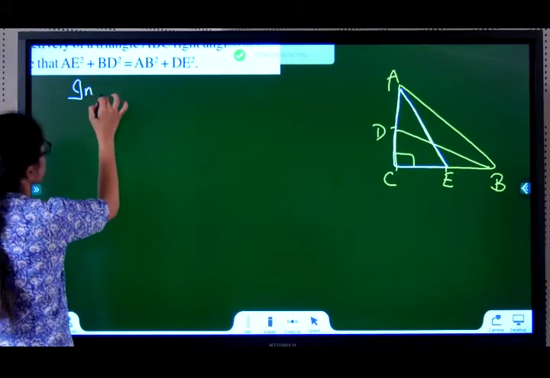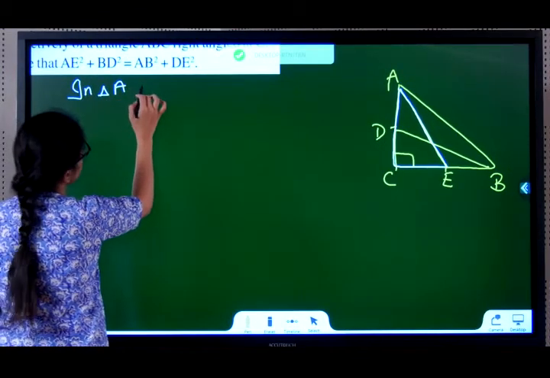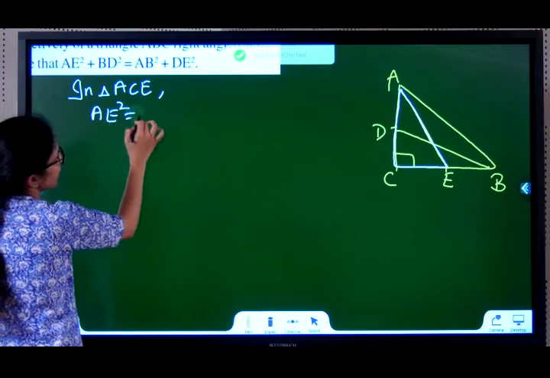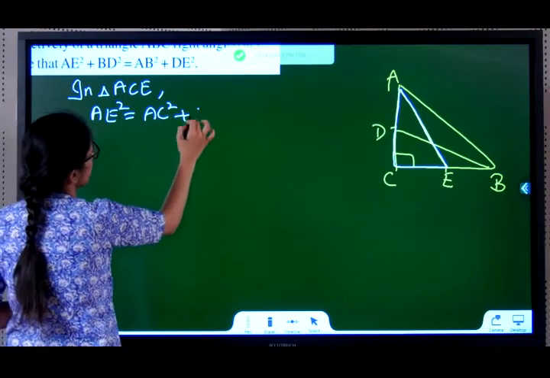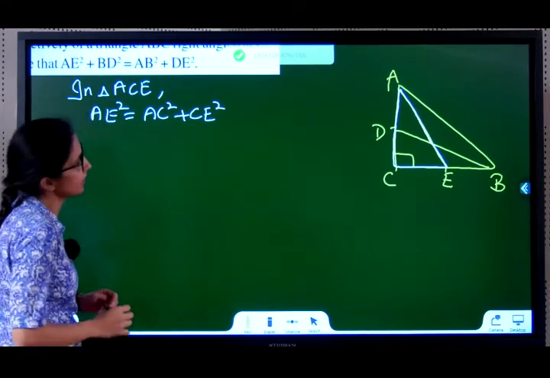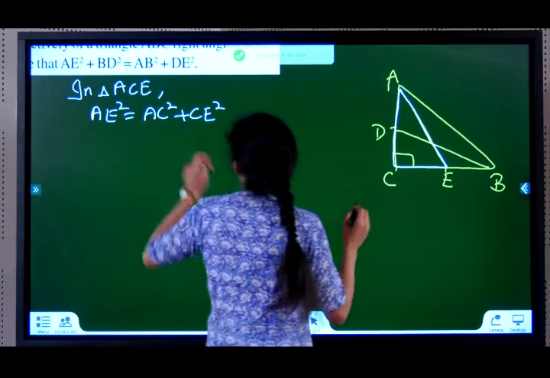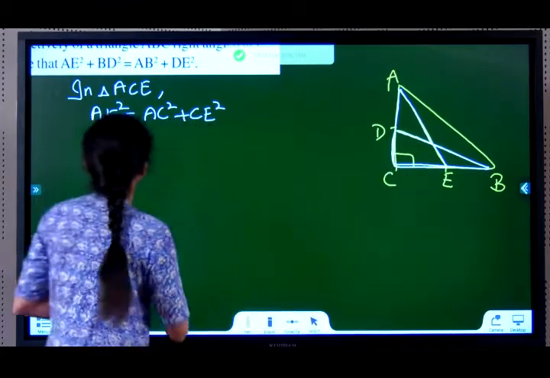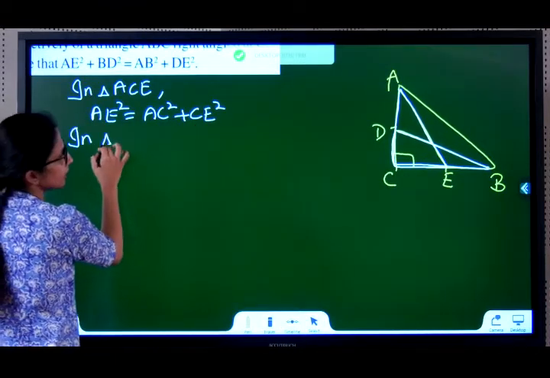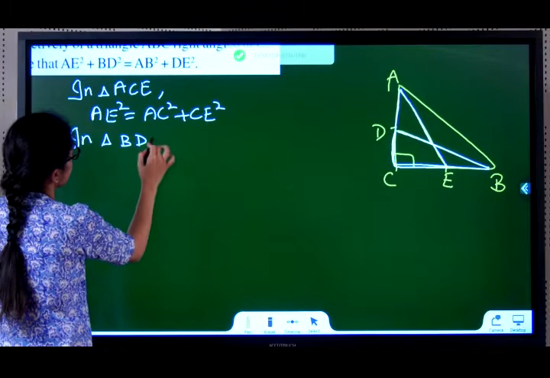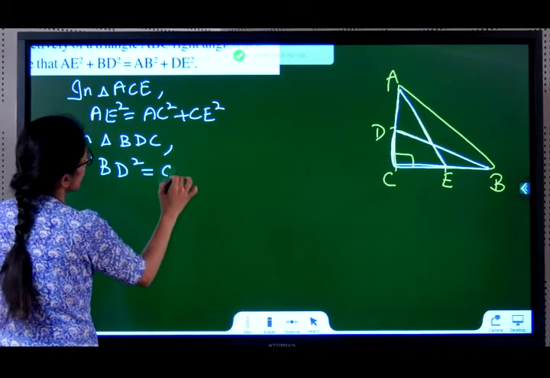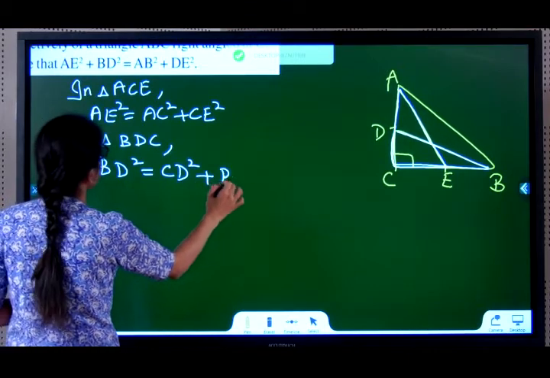In triangle ACE, AE square is equal to AC square plus CE square. Yes. Next, you also want BD square. So go for the next triangle. In triangle BDC, BD square is equal to CD square plus BC square.